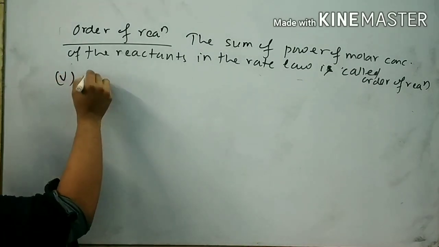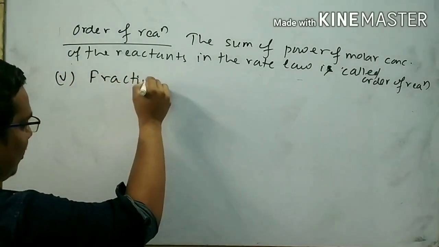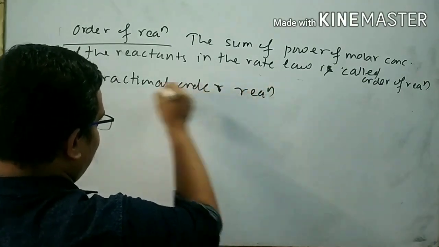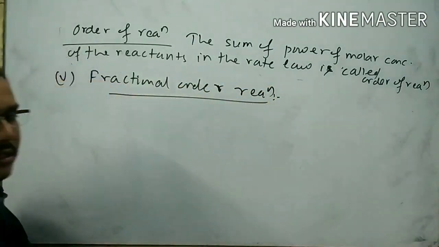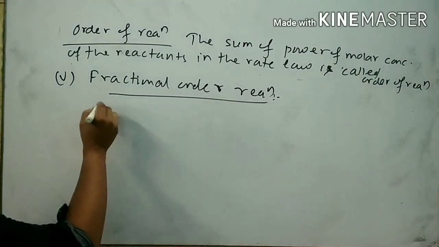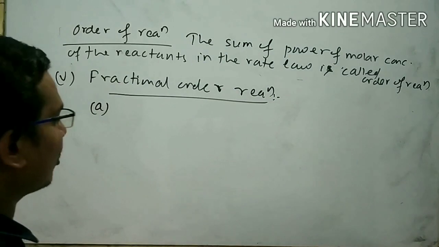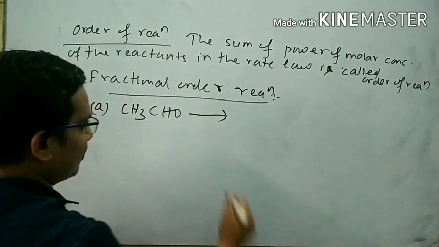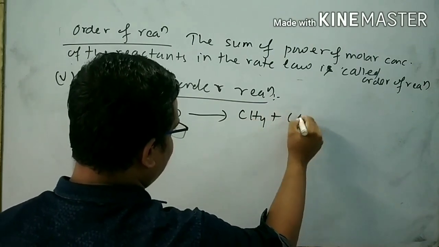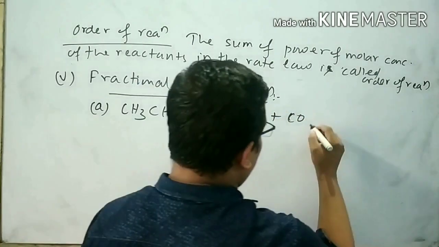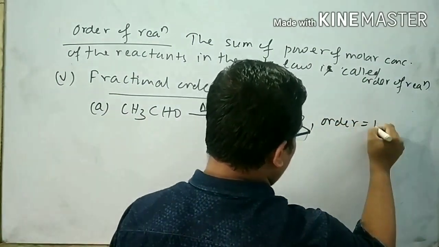Next, I will explain the fractional order reaction. In a fractional order reaction, the order of reaction is a fraction. An example of fractional order is CH3CHO gives CH4 plus CO. Here the order of this reaction is given as 1.5.